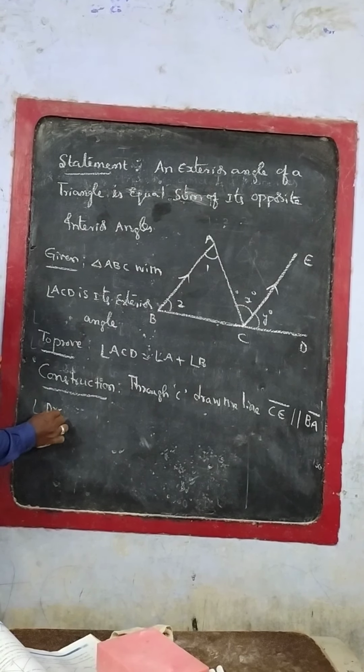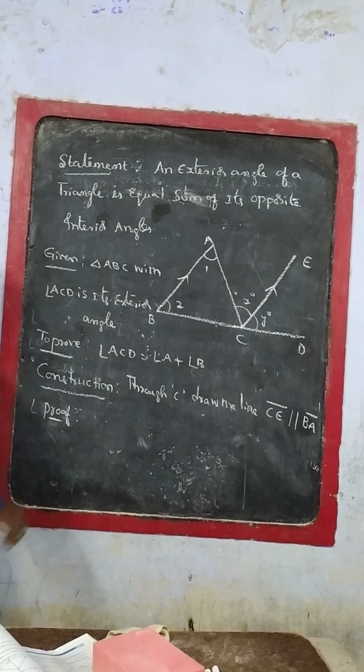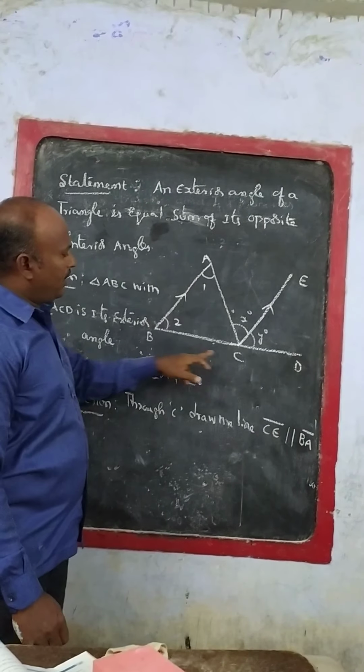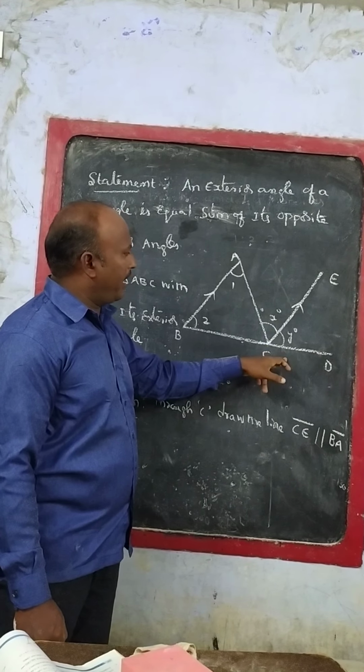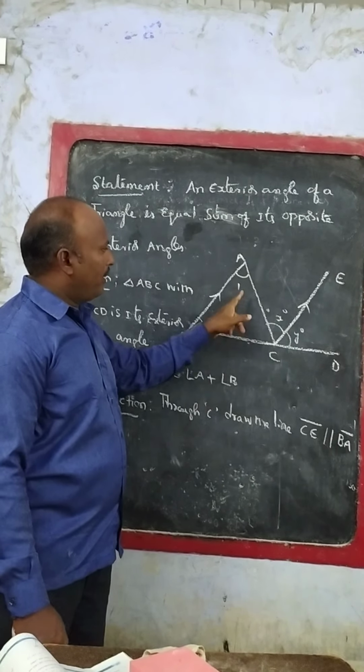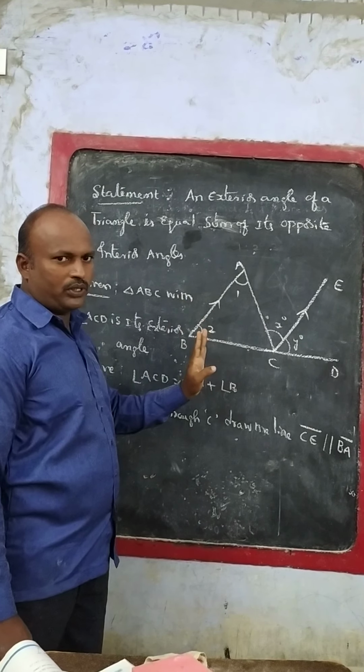Proof: in triangle ABC, angle ACD is the exterior angle of triangle ABC. Angle 1 and angle 2 are the interior opposite angles.